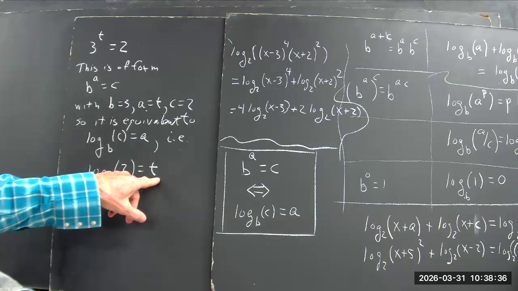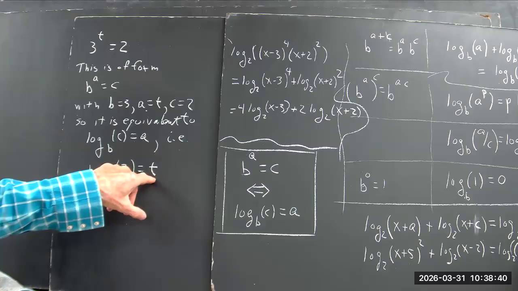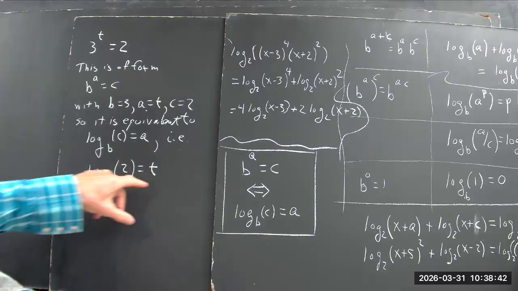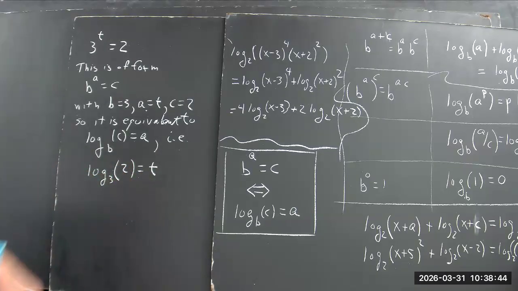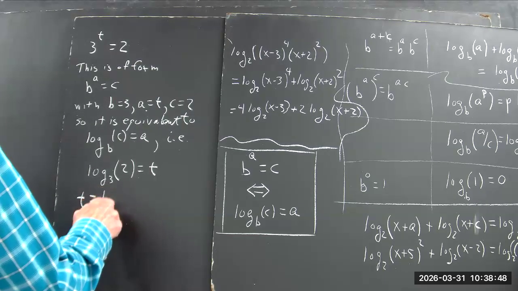Now we've got t here where we can operate on it. We don't even have to operate on it. We know what the value of t is. We just found it. t equals log base 3 of 2. Now I'll write that with the t on the left.